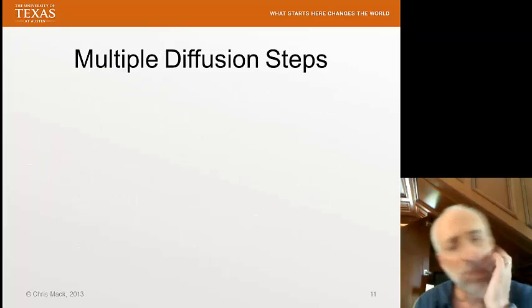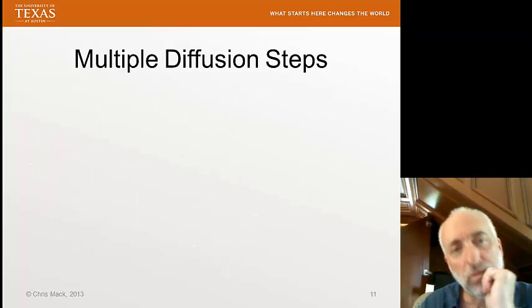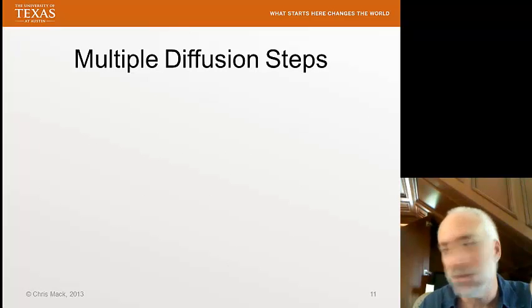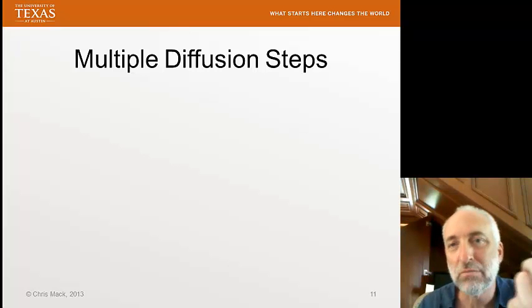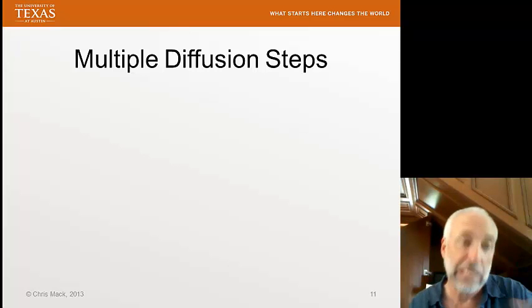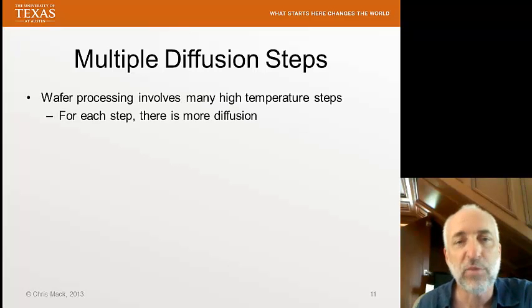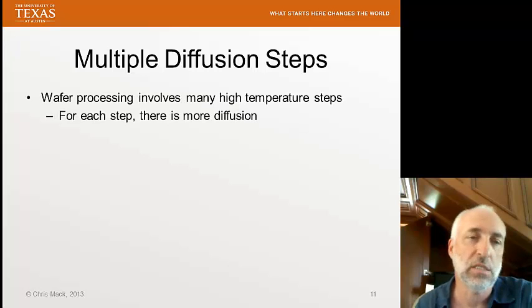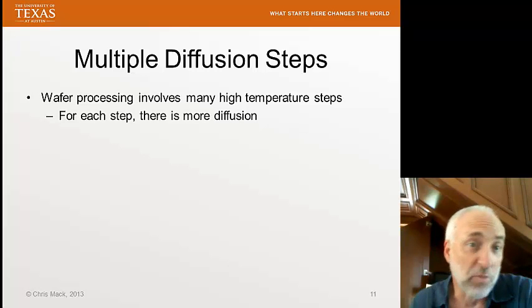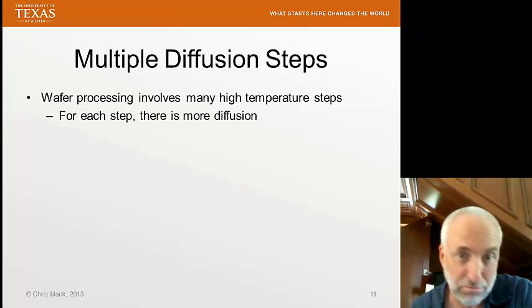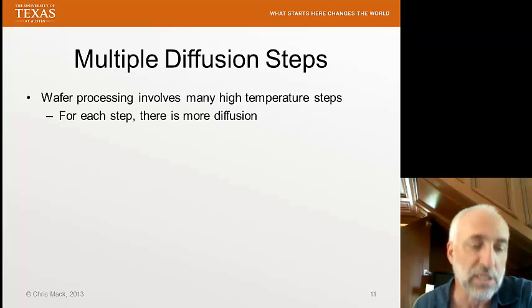Now, one more thing I want to talk about when it comes to diffusion is the fact that diffusion doesn't just happen once. When I anneal right after an implant step, any high temperature process step causes diffusion. And wafer processing involves many high temperature process steps.